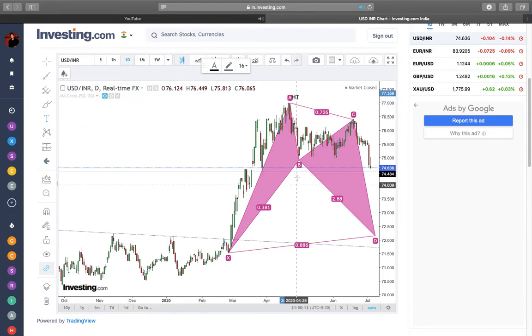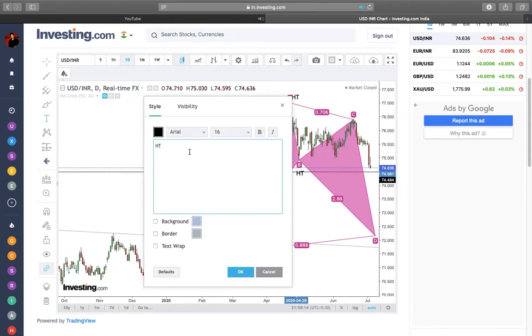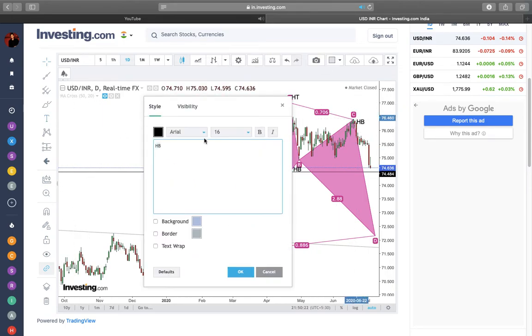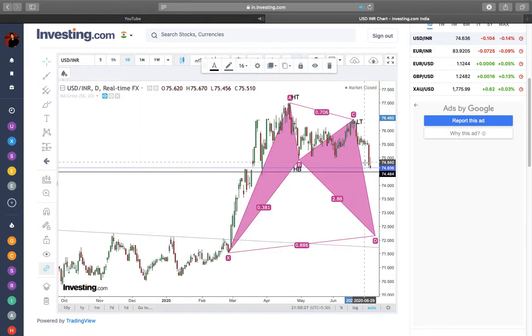What we get further here is B as the higher bottom. Incidentally, what we get here on C is the lower top. And currently we have a price trading below the previous higher bottom, signaling at least a range or the start of a collective move in the USD against the INR.